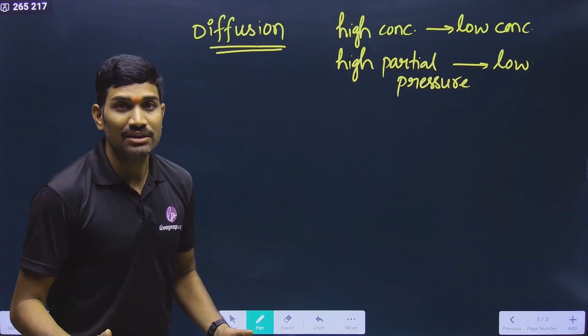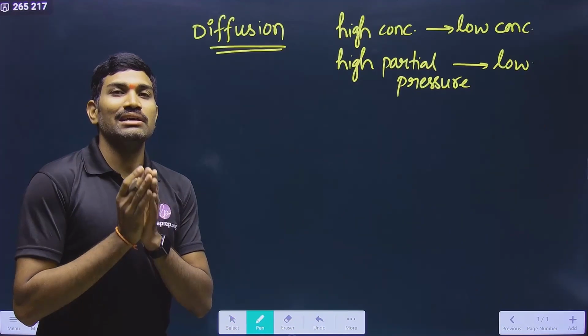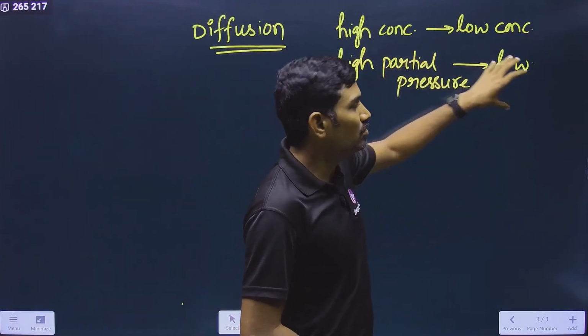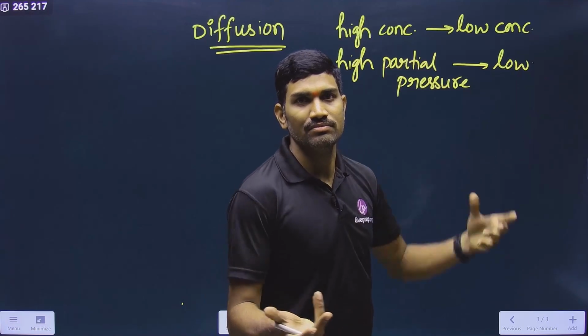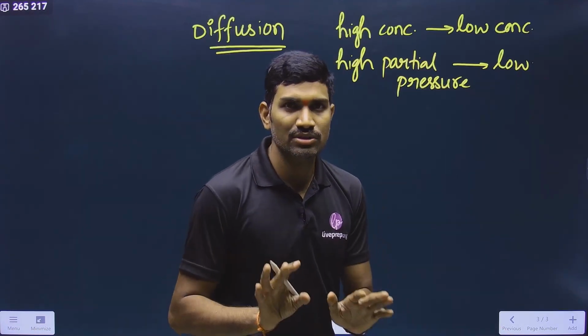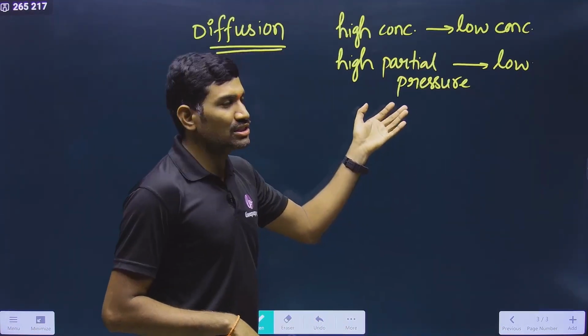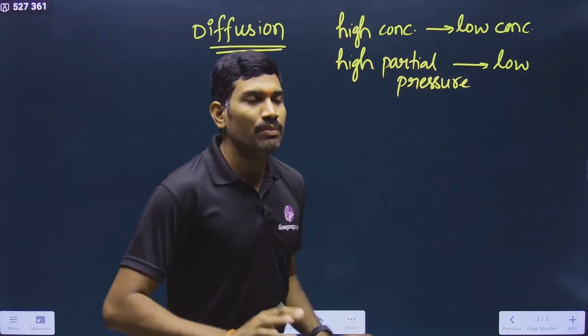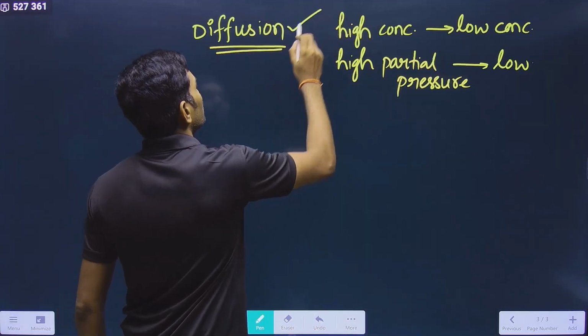So please remember, oxygen always moves from high partial pressure of oxygen to low partial pressure of oxygen. Understood? And CO2 also always moves from high partial pressure of CO2 to low partial pressure of CO2. It is a diffusion process.